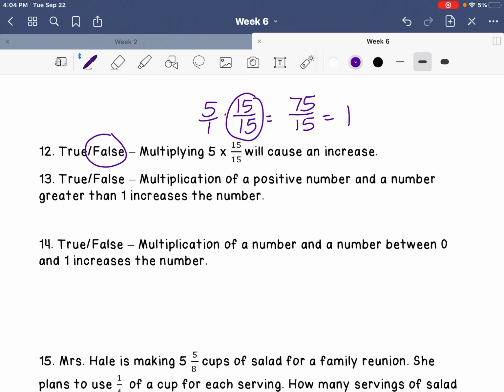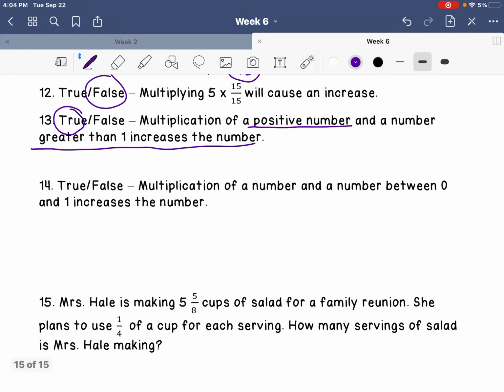Number 13, multiplication of a positive number and a number greater than 1 increases the number. That, my friends, is true. And I'm not going to prove it to you. I'm just going to tell you any positive number multiplied by any number greater than 1 will increase that number. Number 14, true or false, multiplication of a number and a number between 0 and 1 increases the number.